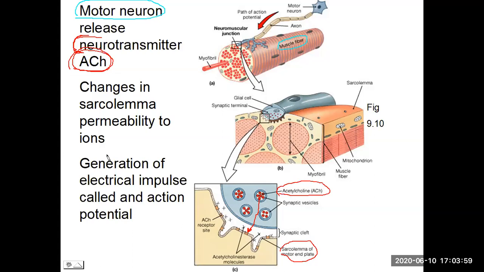Ultimately, this opens up ion channels on the sarcolemma. So now ions are able to penetrate into the muscle cell, and this leads to an electrical current. And ultimately, this electrical current is what stimulates the contraction function of the skeletal muscle fiber.